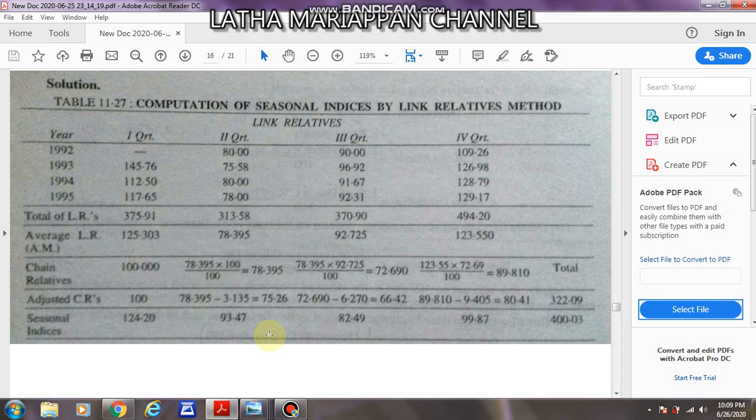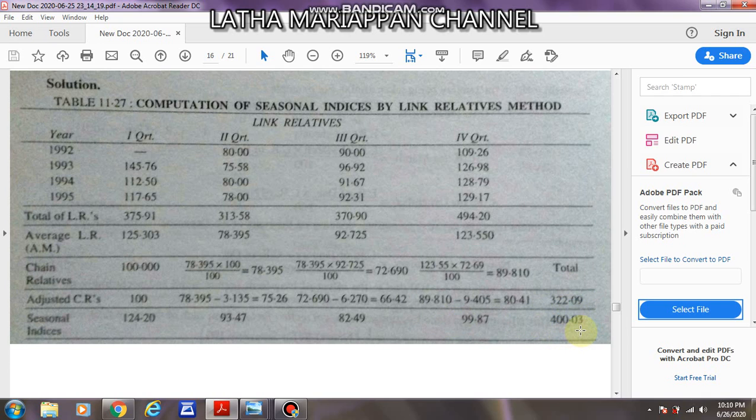So 75.26 divided by 322.09, into 400, that is the correction factor, so you will get 93.47. To find the seasonal index for the third quarter, take the adjusted value 66.42 divided by 322.09 into 400, because we took 400 as the corrected factor.